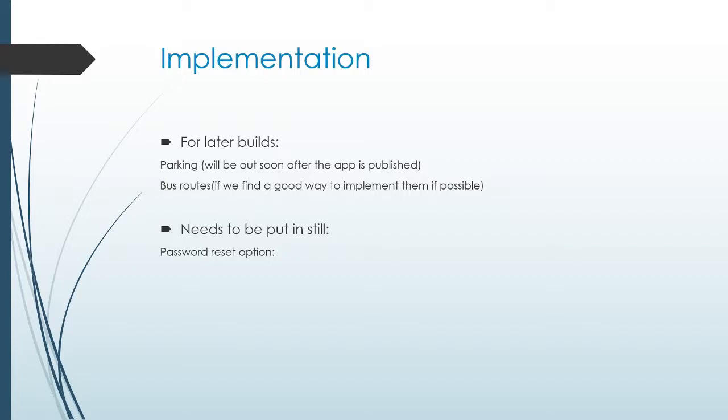And also, there might be a bus route finder to tell you all the bus routes to get to all parts of the campus and anything off campus but still owned by Mott Community College. And something we will put in before the app launches, but haven't yet, is a password reset button in case you forget your password at any point.